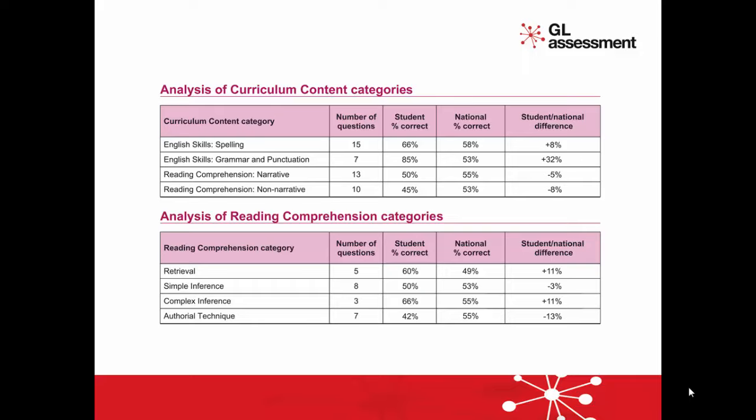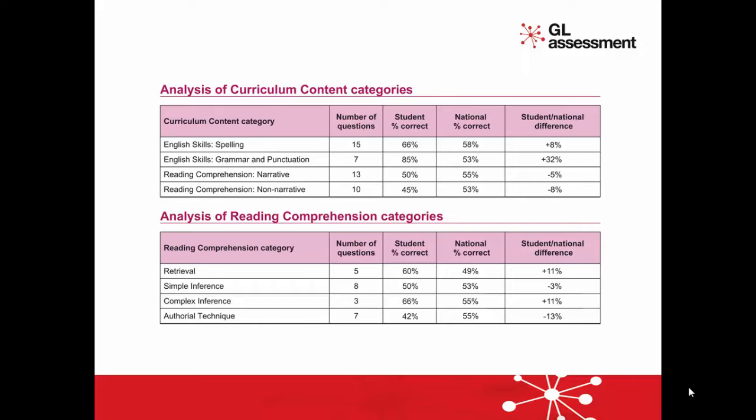We can go deeper than that though, because we can look within English skills. I said it was spelling, punctuation and grammar. We can separate those out, looking at spelling, grammar and punctuation separately, the number of questions, and the percentages scored correct by the individual set against the national sample. So it really is looking at strengths and weaknesses with reference to the national sample.